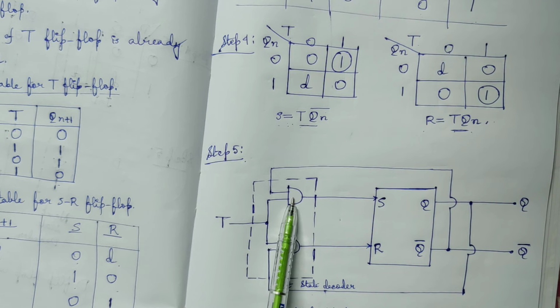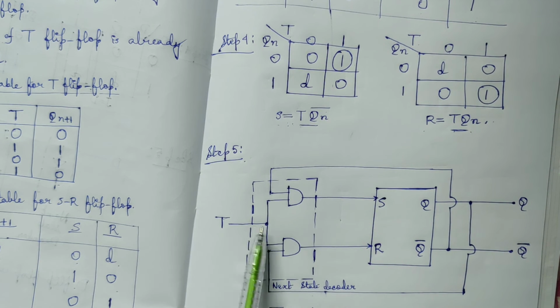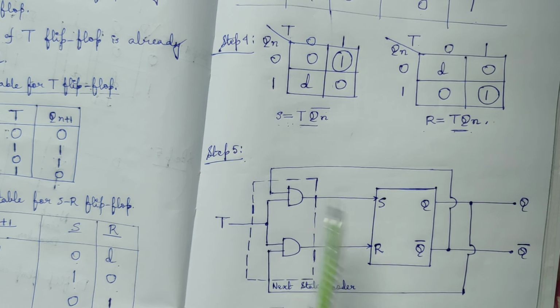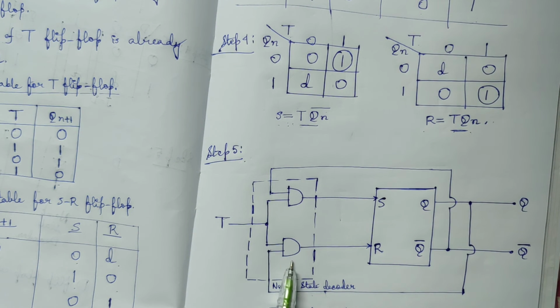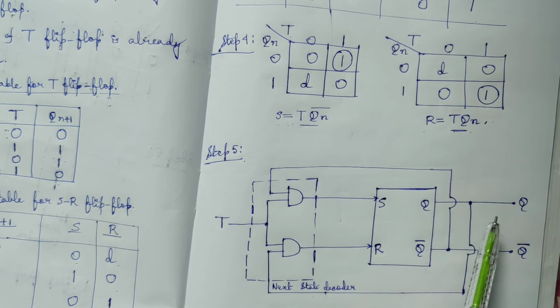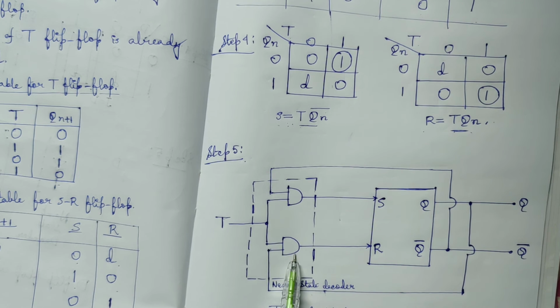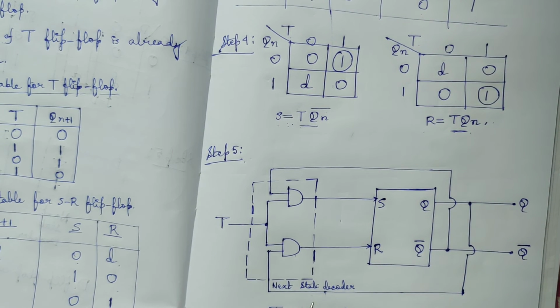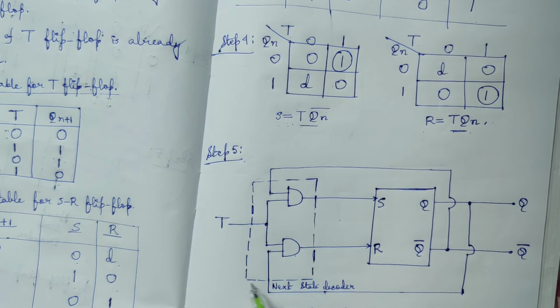Inputs of the first AND gate are T and Q bar, and the inputs of the second AND gate are T and Q. So this part constructs the next state decoder.